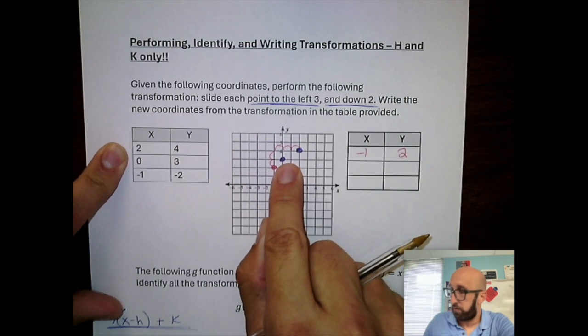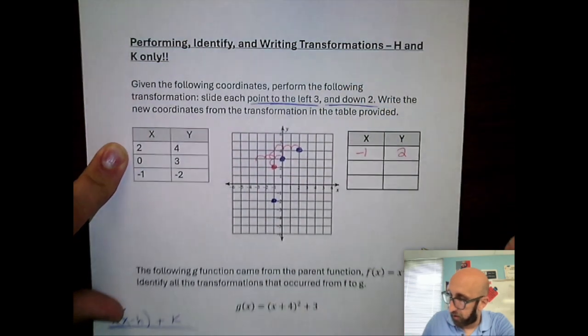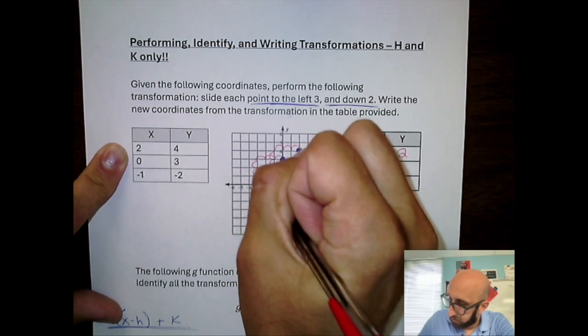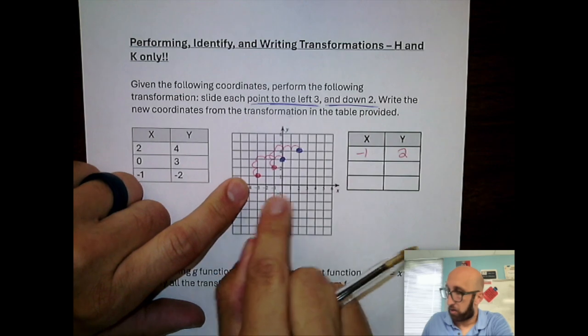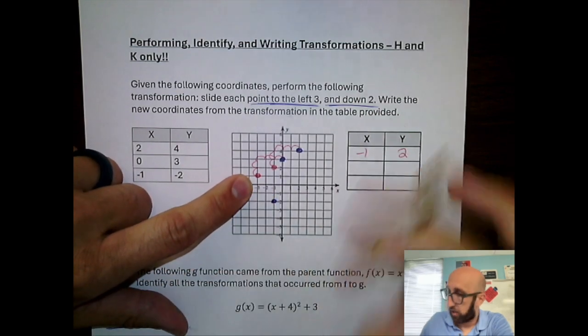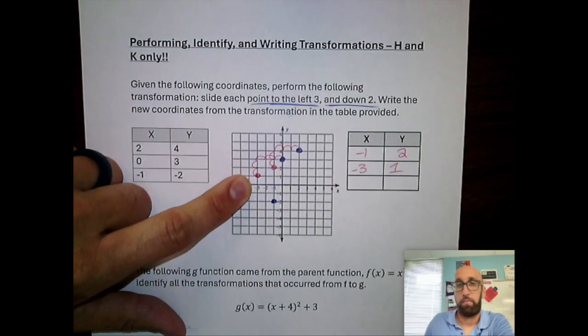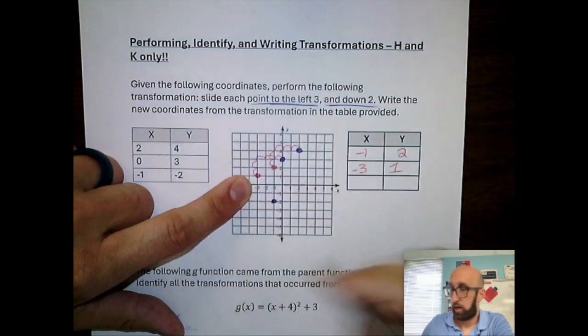Then I'm going to move the second point left 3: 1, 2, 3, and then down 2: 1, 2. Left 3 and down 2. Write my coordinates here. The x value is -3, and the y value is +1. X first, then y.